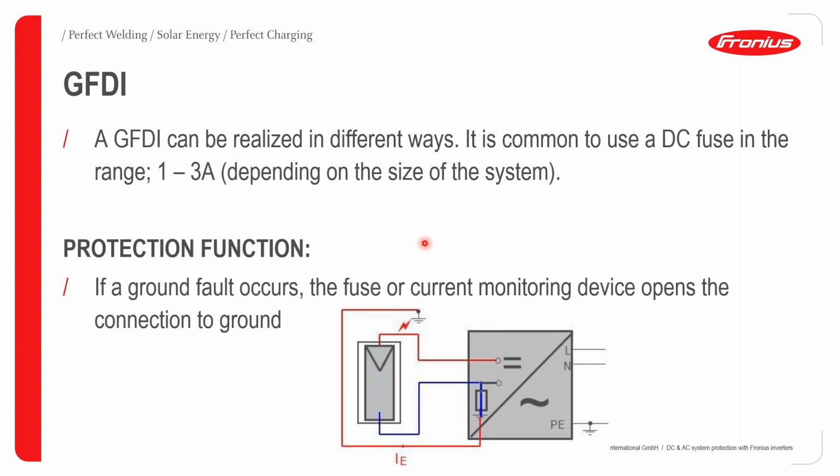When it comes to the GFDI, this can be achieved in different ways. It's quite common to have a DC fuse in the range of 1 to 3 amps. Of course, this depends on the size of the system that has to be protected. The protection functions as follows. If there is a ground fault, the fuse or the current monitoring device opens up, and therefore the leakage current is able to go to the ground.